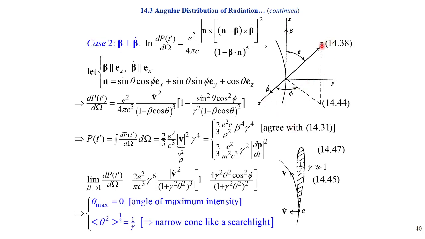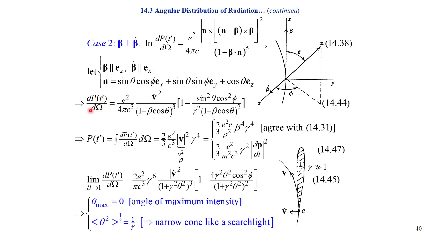The observer is here, n, in terms of r, theta, phi. So beta is parallel to the z direction, beta dot is parallel to the x direction. n in terms of sine theta cosine phi, sine theta sine phi, and cosine theta. Okay. So we can write everything down.